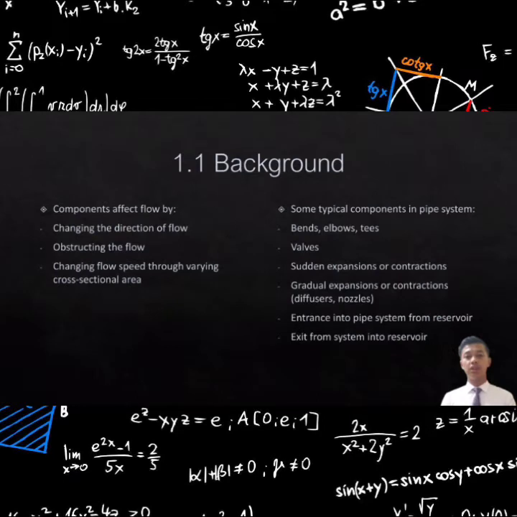For the background, in general, components affect the flow by changing the direction of flow, obstructing the flow, and changing flow speed through varying the cross-sectional area of the pipe system. A pipe system may have many components. Bends, elbows, and tees are devices that change flow direction.